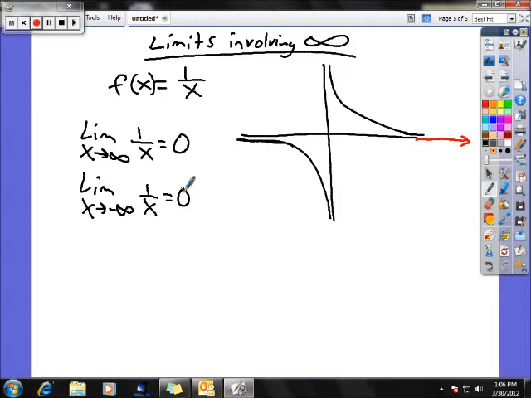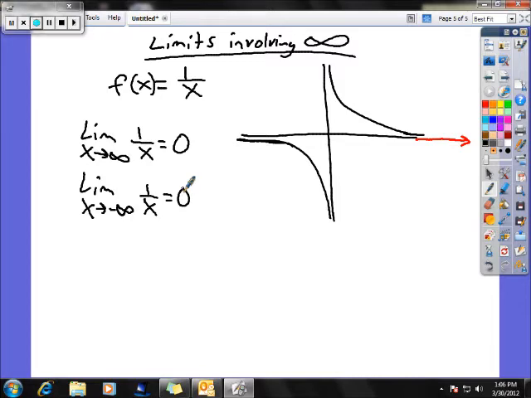Now, what do we have here at y equals 0? What kind of an asymptote? A horizontal asymptote. You learned about that in Algebra 2. We did it some earlier this year too, and I think we talked about it with limits, but we're going to refresh that again.